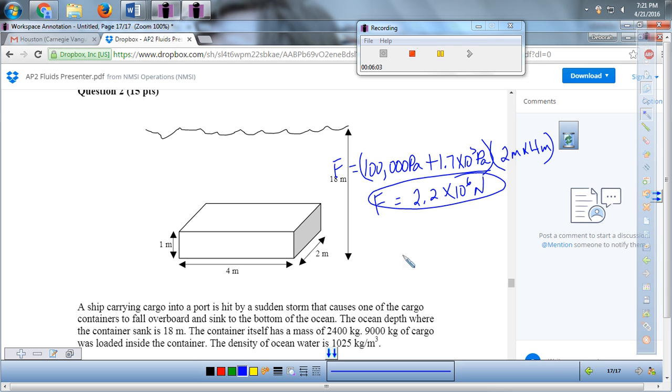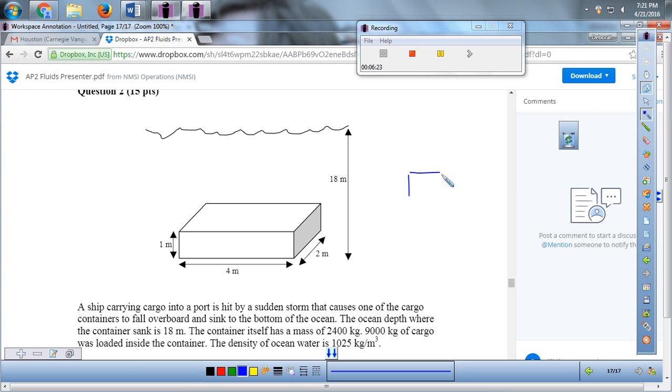Okay, then it says a rescue ship with a crane is sent to retrieve the cargo using a cable attached to the top of the container. The ship hoists the container at a slow, constant rate, so all the forces are balanced, assuming no resistance due to the water. Determine the tension in the cable. Alright, well, let's look at that. So here's my package, my crate. So I'm pulling up like that with tension. The buoyant force is pushing up like that, and gravity is pulling down.